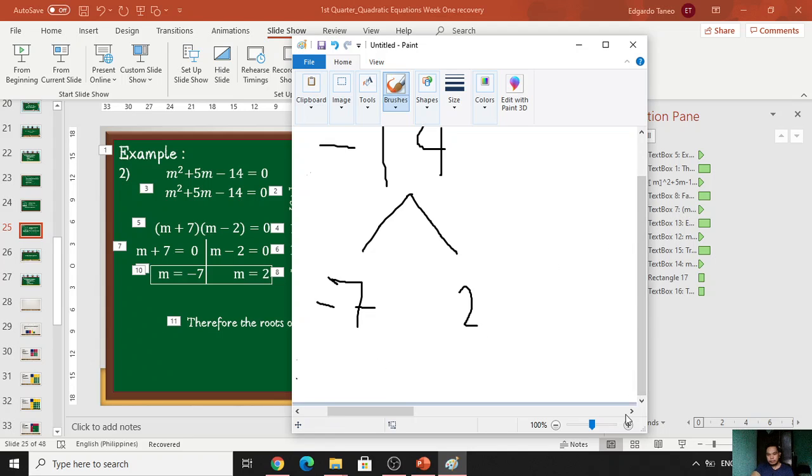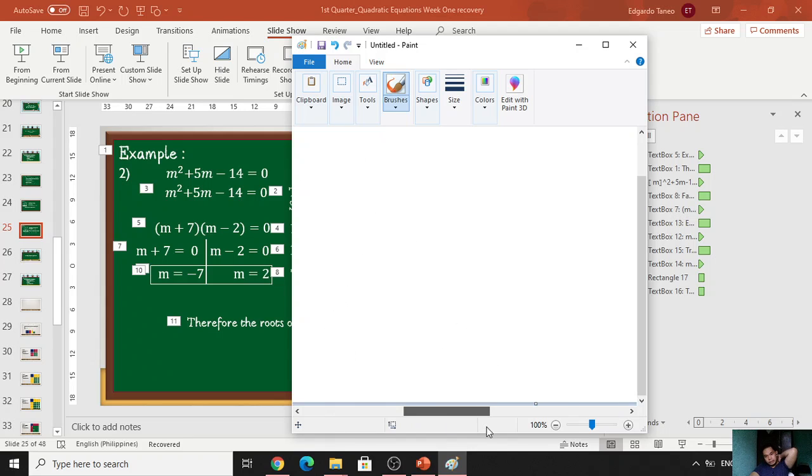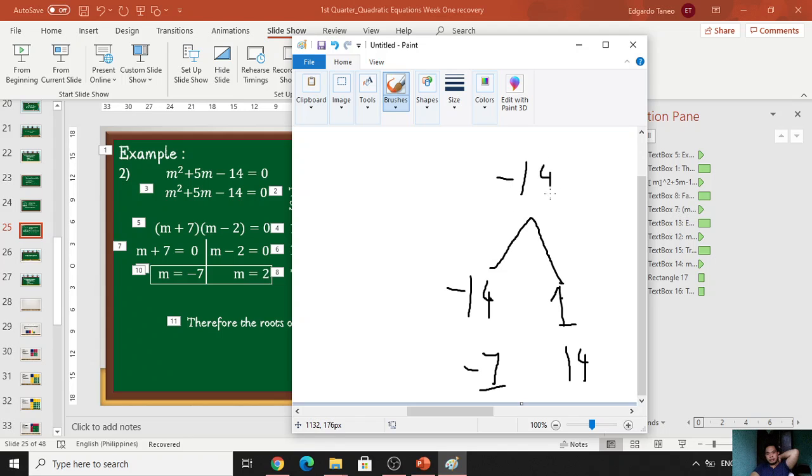We can also have negative 2 and positive 7. Okay? And also, we can have negative 14 and positive 1. And negative 1 and positive 14. So these are the factors of negative 14.